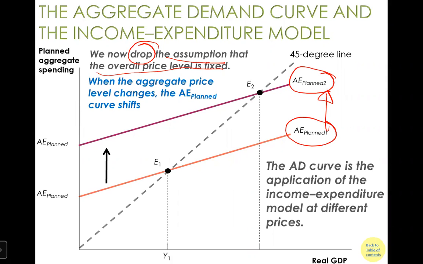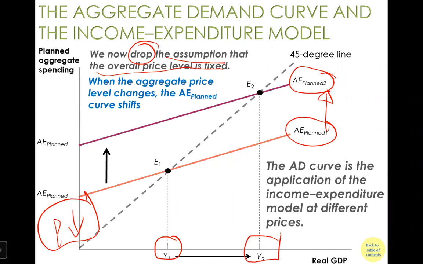Furthermore, this means when price decreases, we are going to move from this equilibrium to the new equilibrium, right? Remember here, it's aggregate spending versus real GDP.